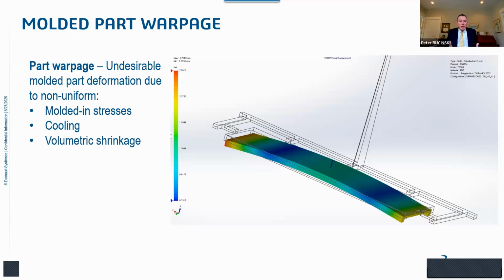Even if your parts are warping, if you're not using simulation, it's very difficult to know if the part is warping simply due to non-uniform molded-in stress, non-uniform cooling, or non-uniform volumetric shrinkage. Or then we can start to complicate matters by looking at fiber orientation and the resulting mechanical properties and what happens there. You can see this all gets complicated in a hurry, and if you're not using simulation, I think it's a lot of head scratching and trial and error.